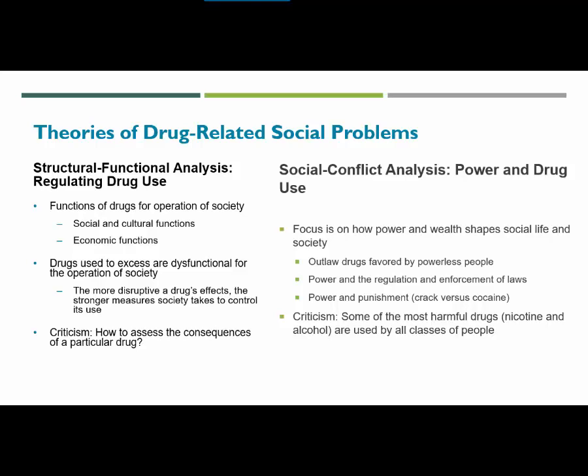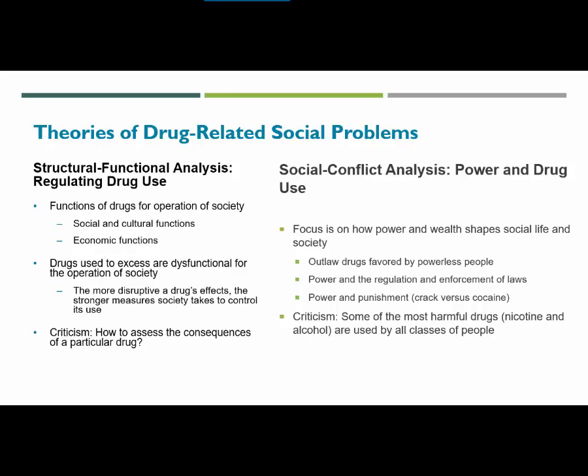Now, of course, a criticism of this analysis is, especially if you're thinking about harmful drugs that are legal, like nicotine and alcohol, that because they're legal, you're largely thinking about the impact it has on people's bodies, their intimate personal lives.